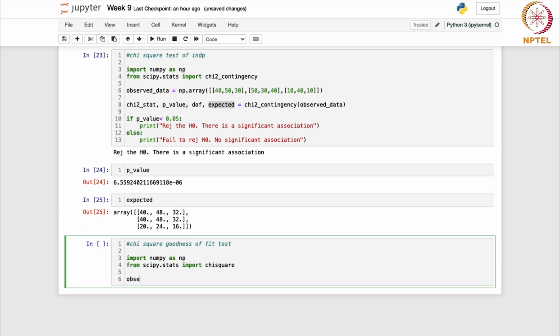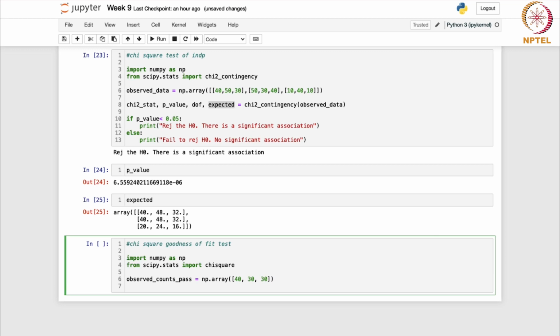Now let the observed counts be 40, 30, 30, suppose. You can consider these as the observed counts, suppose for the three colors, maybe red, green or blue.